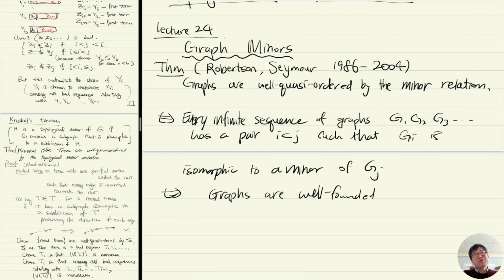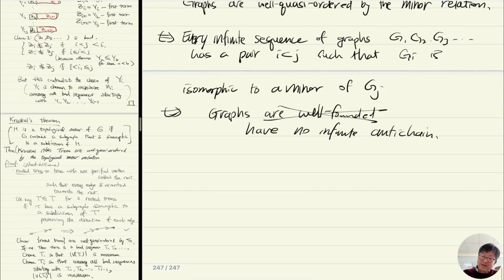But actually graphs are well founded automatically, so we don't have to write that: they have no infinite descending chain. Okay, so what does that mean with respect to minors?